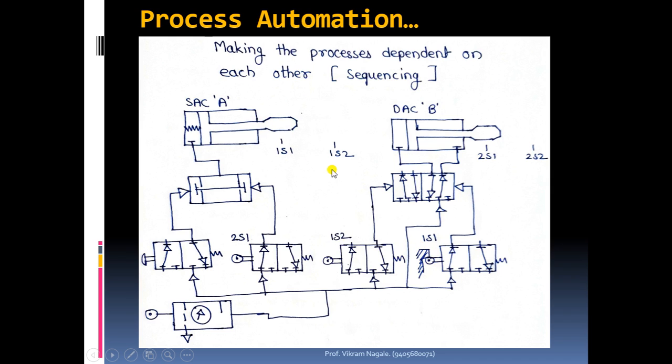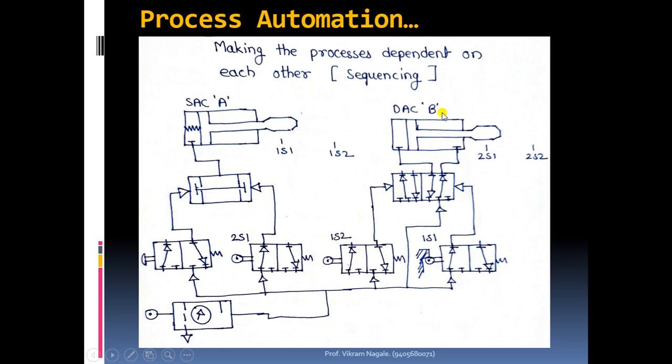So this represents that it is initially pressed, and the other symbol will represent that it is not initially pressed. It's unpressed. So here we need one limit switch which is initially pressed, and because of that there will be an active input at this port of the AND valve. Now this is the requirement for the single acting cylinder.